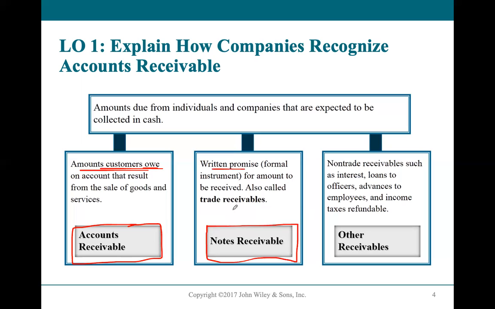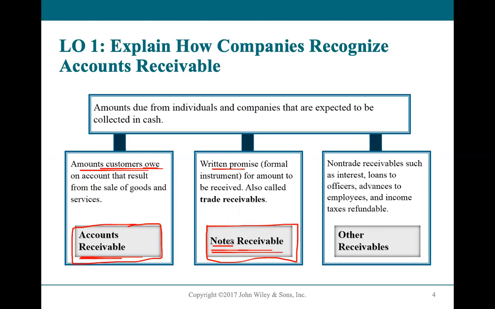And so the accounts receivable turn into a notes receivable. Remember, the word note in accounting is loan. So basically speaking, this is how notes receivable are born. They're almost always accounts receivable that need a longer period of time to pay than the 30 days.